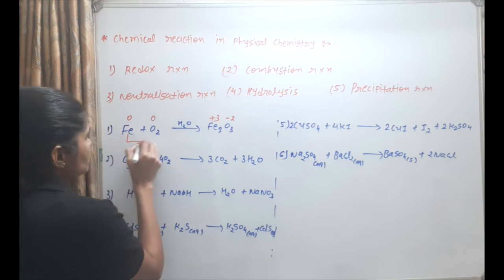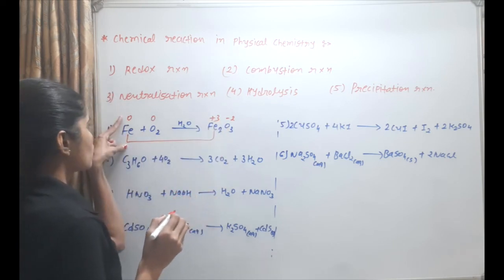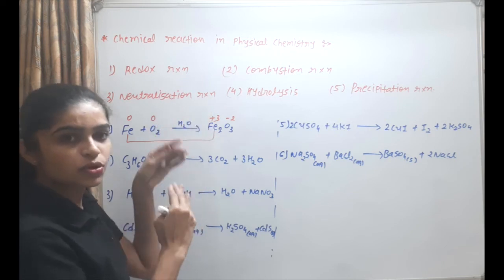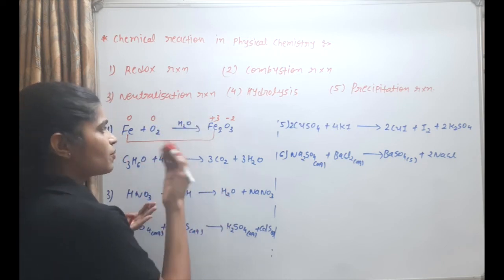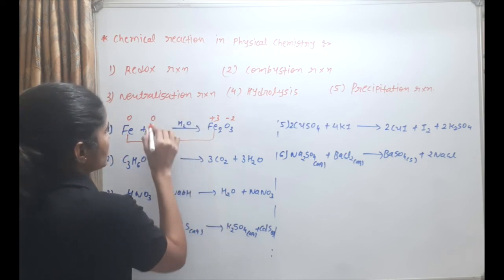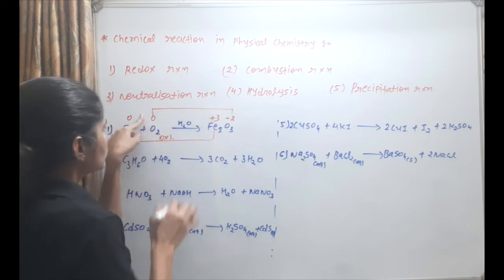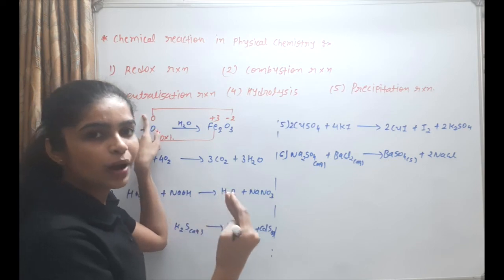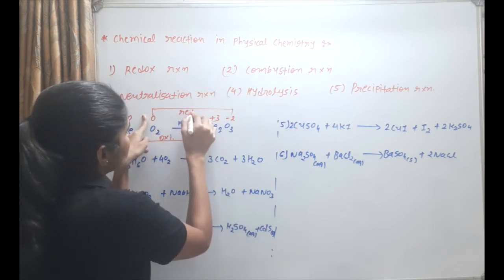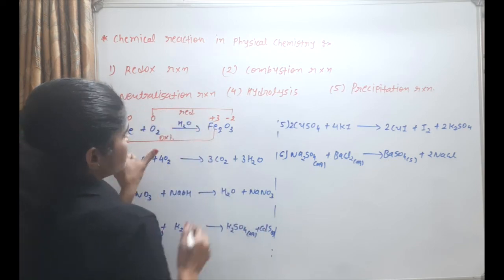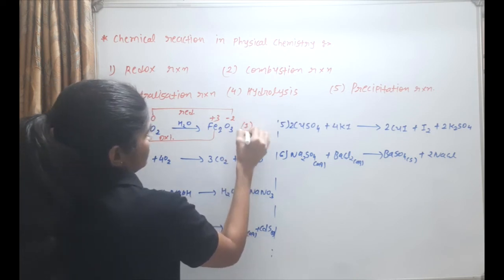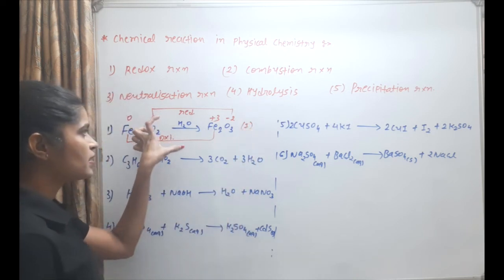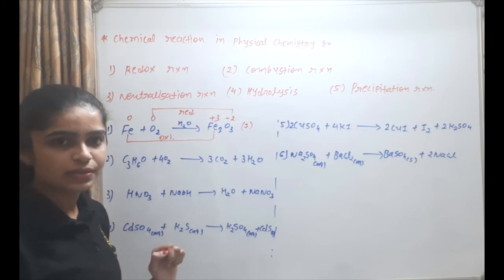So Fe is converted from oxidation state 0 to plus 3. The oxidation number increases, so this is the oxidation. Oxygen goes from 0 to minus 2, the oxidation number decreases, so this is the reduction. So this reaction is a redox reaction because oxidation and reduction both occur simultaneously.